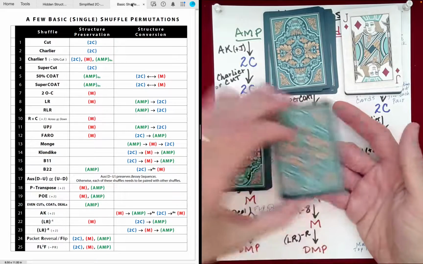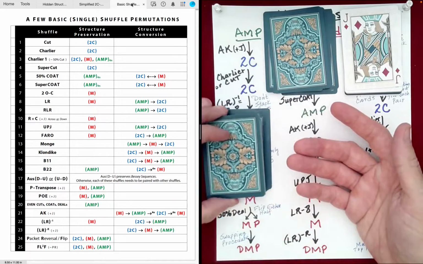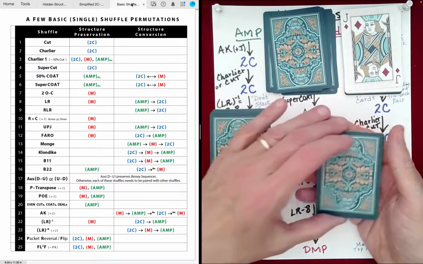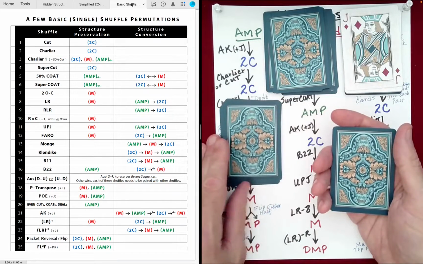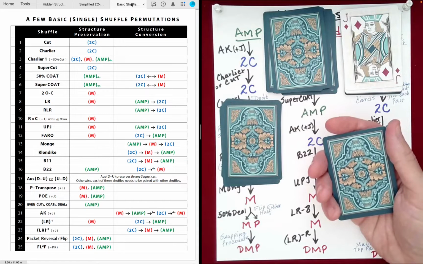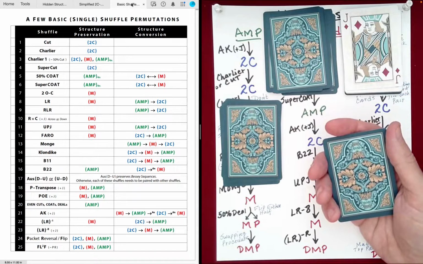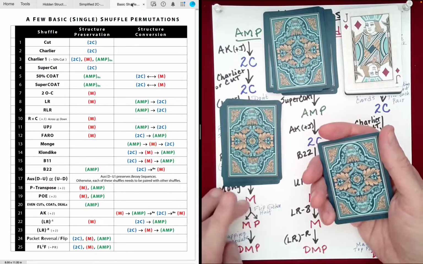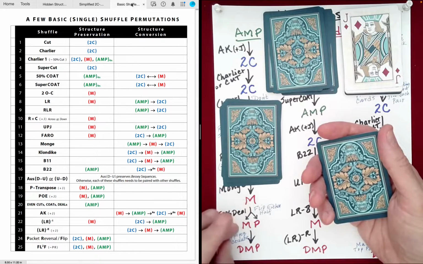If I were to follow it up with the rest of the cards being dropped on top, that is, quote, a 50% coding of the cards. Well, if you take a look at our chart on the left, a 50% coding on line 5 will convert a mirrored structure to a 2-cycle structure.